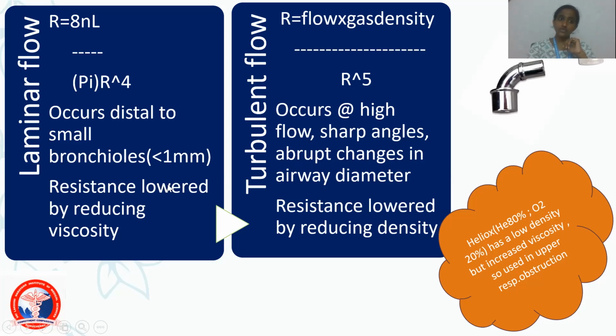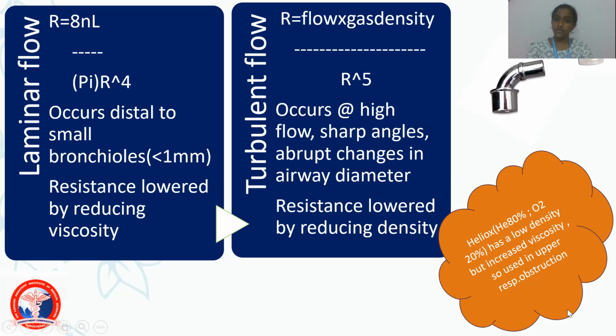So how can we reduce the resistance in laminar flow? It is by reducing viscosity. In turbulent flow, it can be lowered by reducing the density, because density is directly proportional to resistance. Here eta is viscosity, and viscosity is directly proportional to resistance. So when you reduce viscosity, resistance decreases. Here, when you reduce density, resistance decreases.